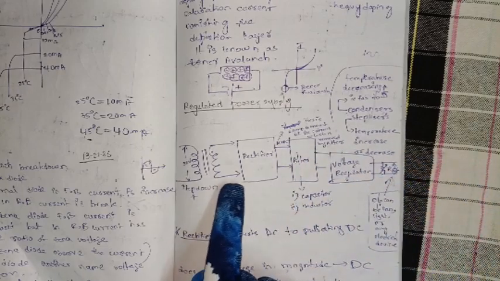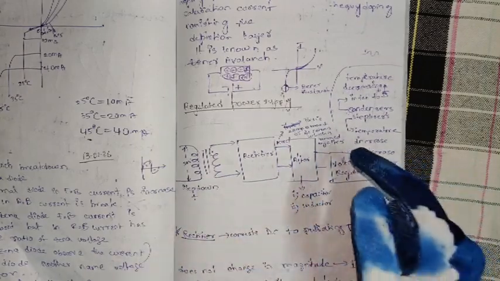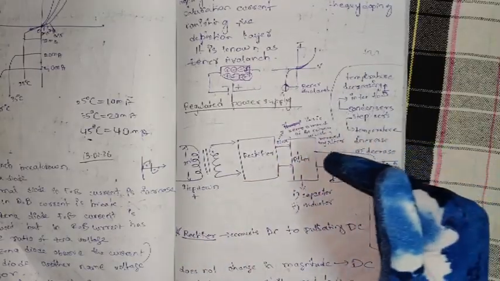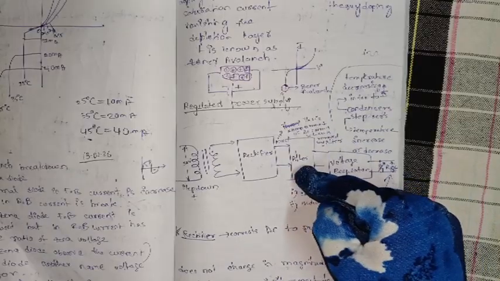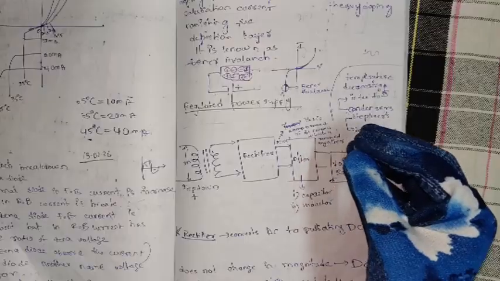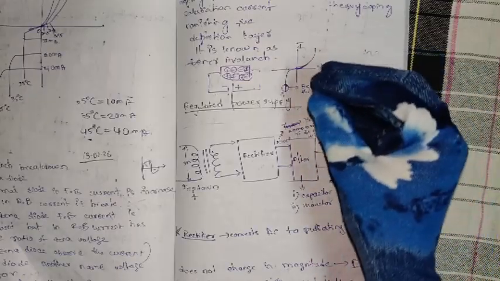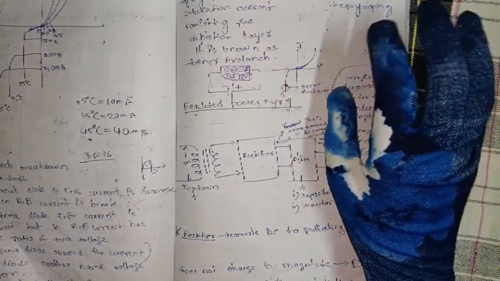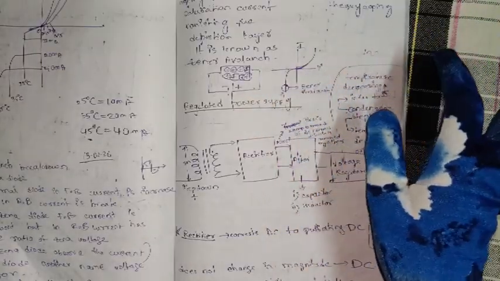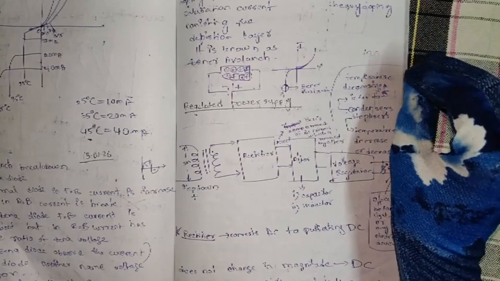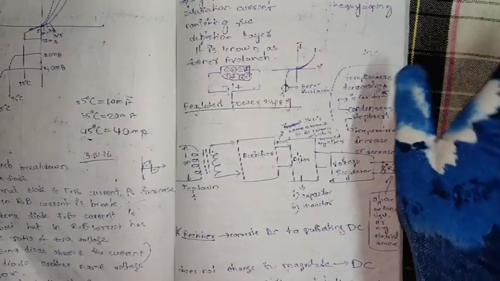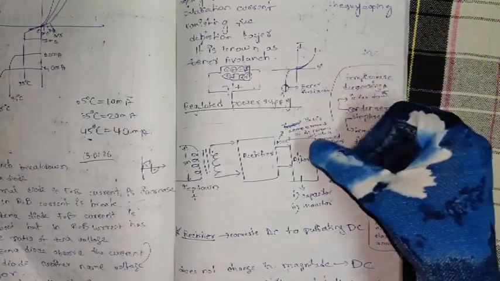The rectifier we have already seen. So what will the filter do? What is the work of the rectifier? It converts AC to pulsating DC. But it is pulsating DC, not smooth DC. So to obtain smooth, stable DC, we require a filter.